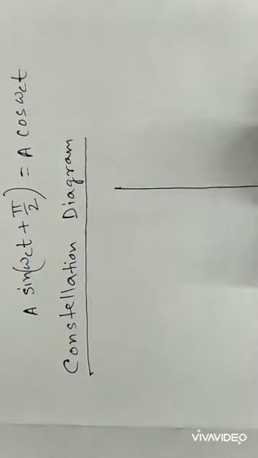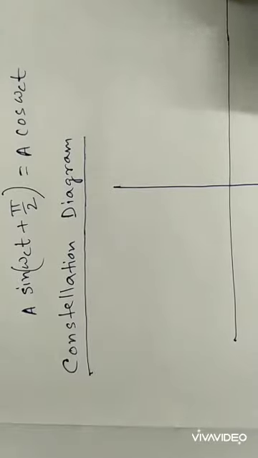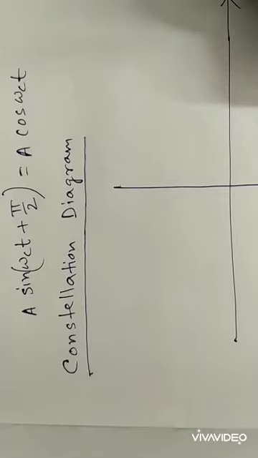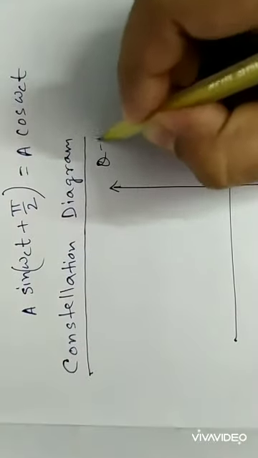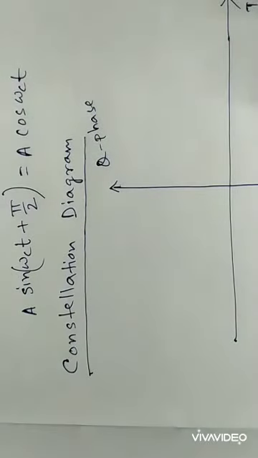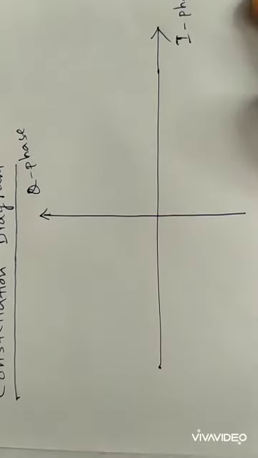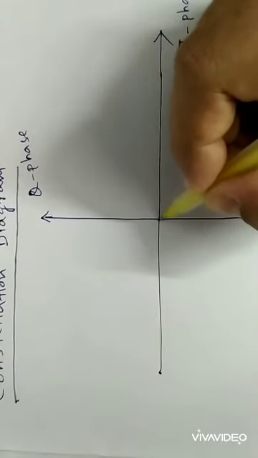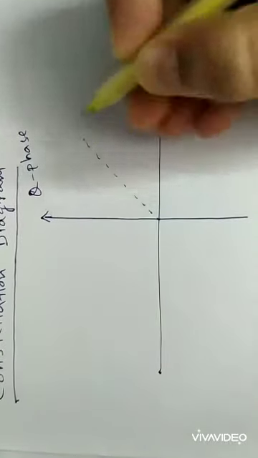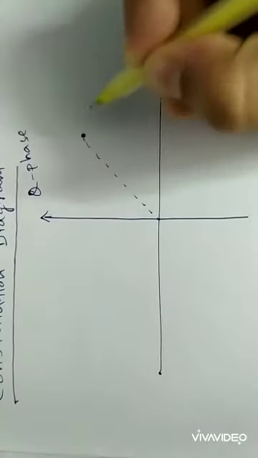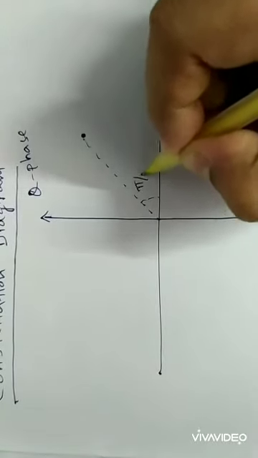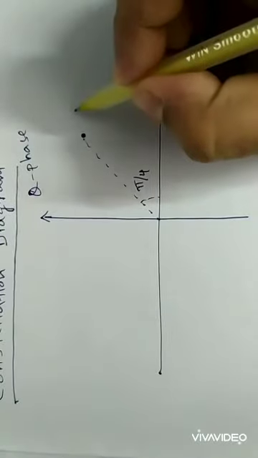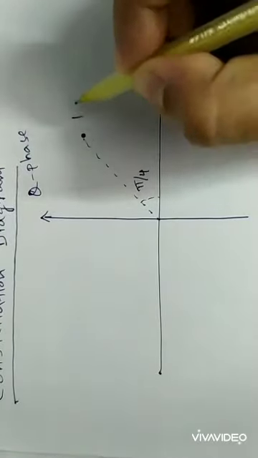On the x-axis we plot the in-phase component, or I phase, and on the y-axis we plot the Q phase component. We have already seen that 1, 0 has a phase of pi by 4. So this point should be where you have a phase of pi by 4. This point here should be 1, 0.